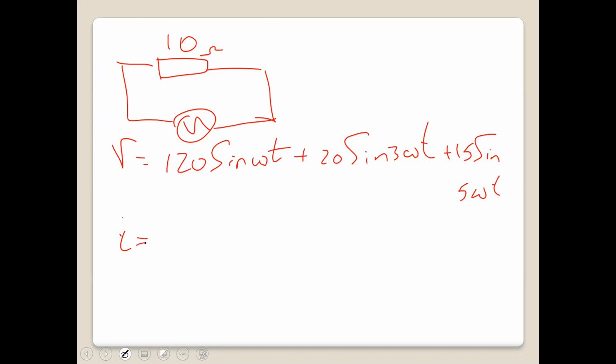Now, for the fundamental, the approach here is that we're going to take each of these three components and see how the resistor would respond to each. In other words, we are going to be applying the superposition principle, looking at how each component behaves and then adding them. Are we clear?